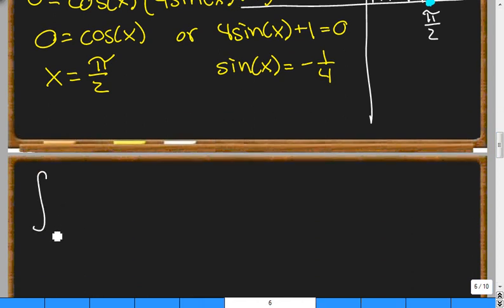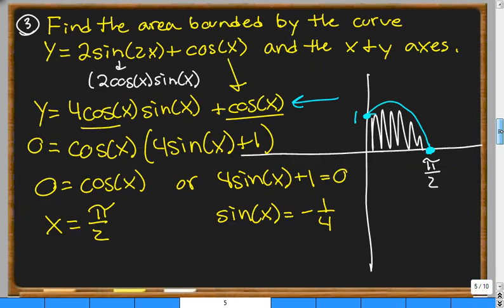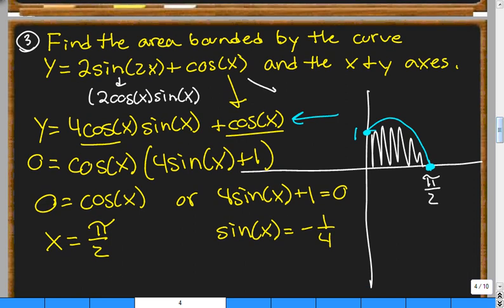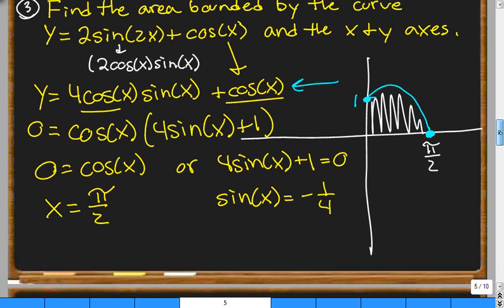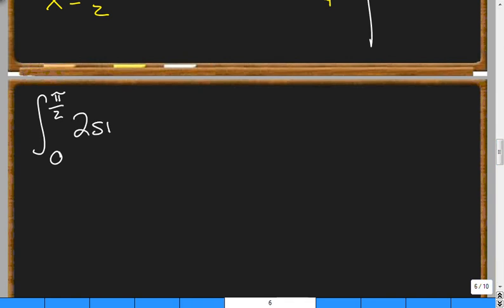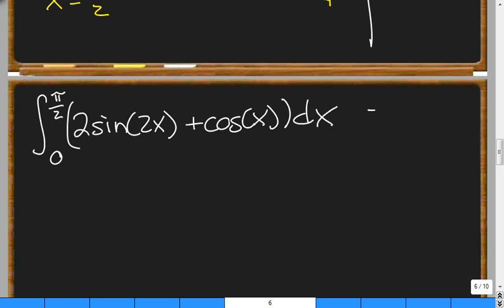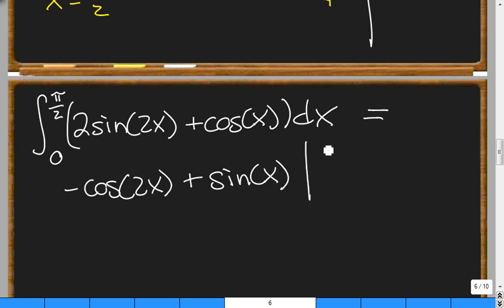We are going to integrate from 0 to pi over 2 the equation, and I'm going to use the original up here to make this easier for us: 2 sine of 2x plus cosine of x dx. So if I integrate this, you get negative cosine of 2x plus the sine of x, and we're integrating that from pi over 2 to 0.